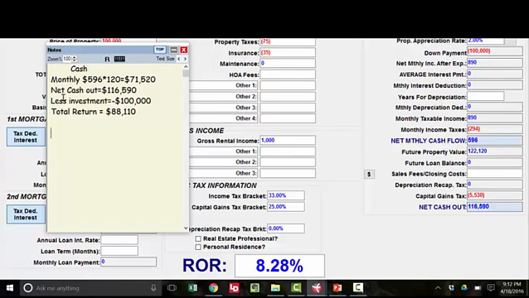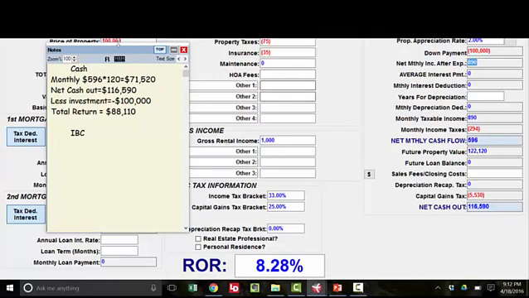So at the end of the day, your investment of $100,000 after 10 years and the cash flow and the appreciation, your total return would be 88,110.